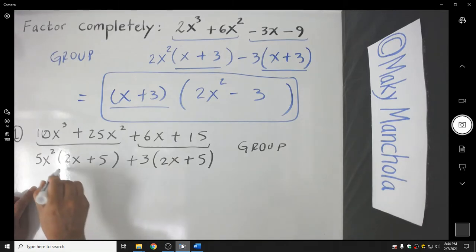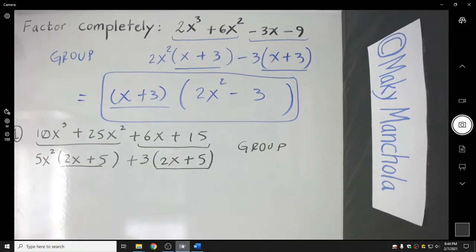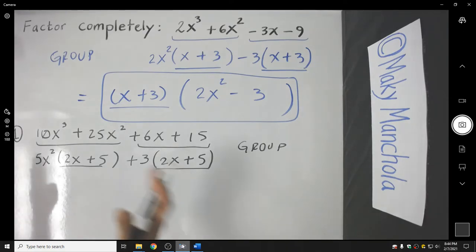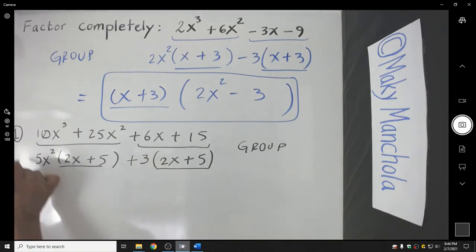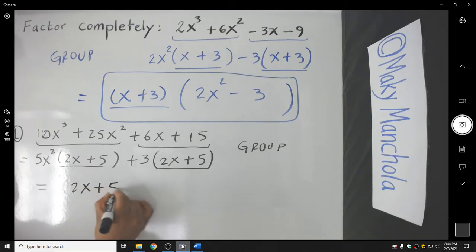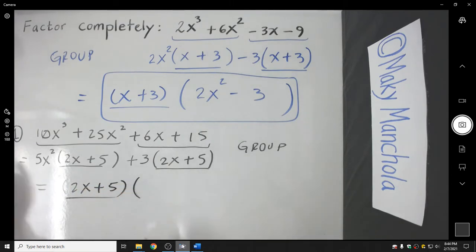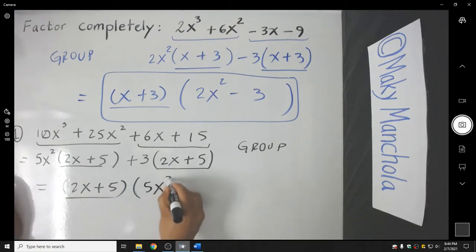In this case, 2x plus 5 is a common factor. It happens to be the greatest common factor of those two terms. So we factor it out. So we end up with 2x plus 5 times 5x squared plus 3.